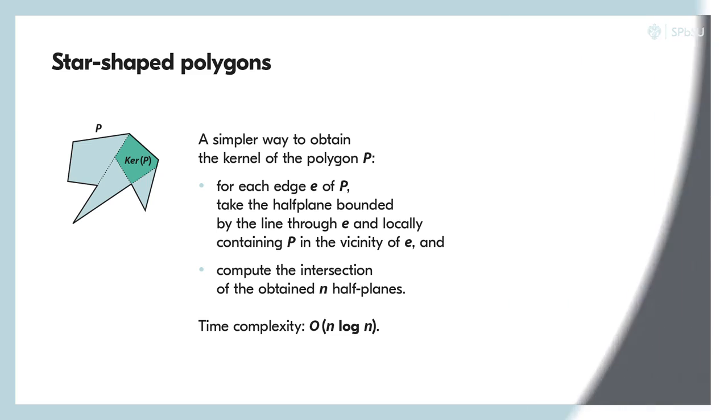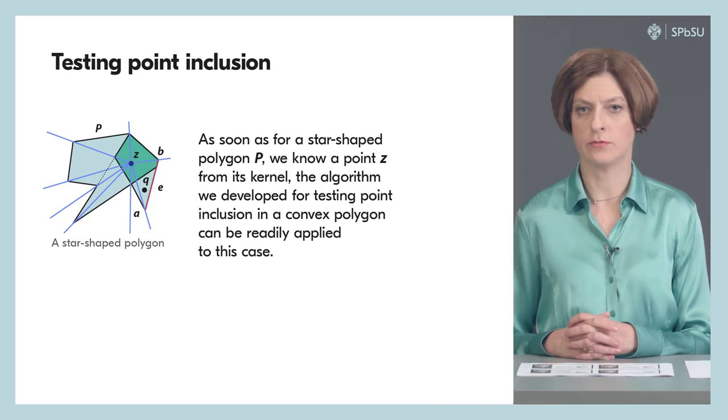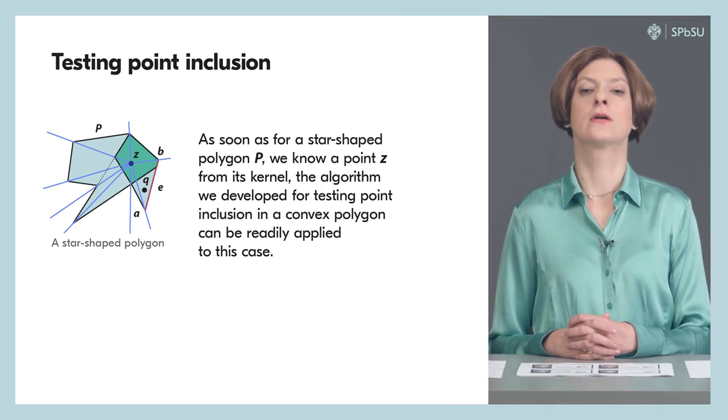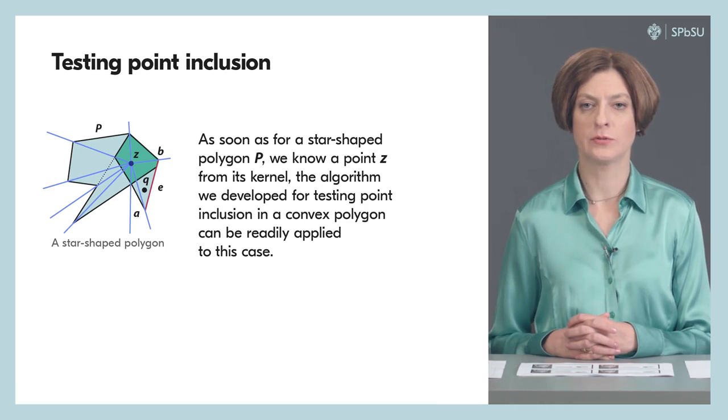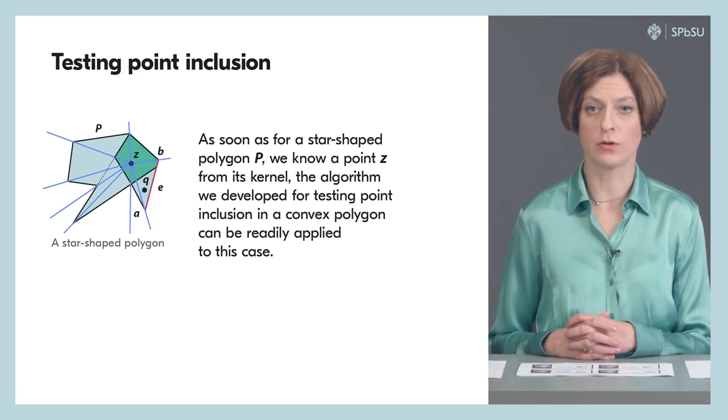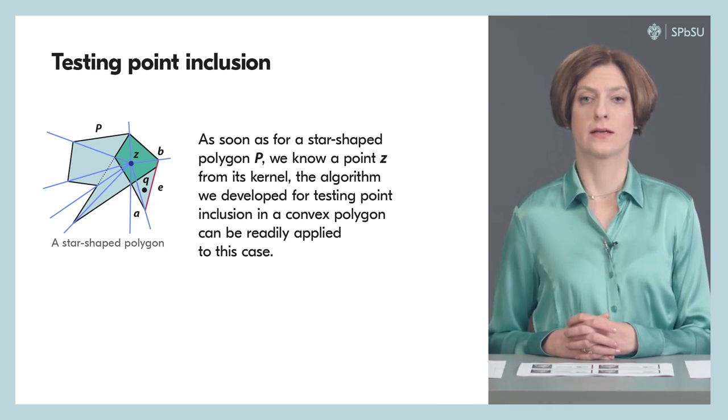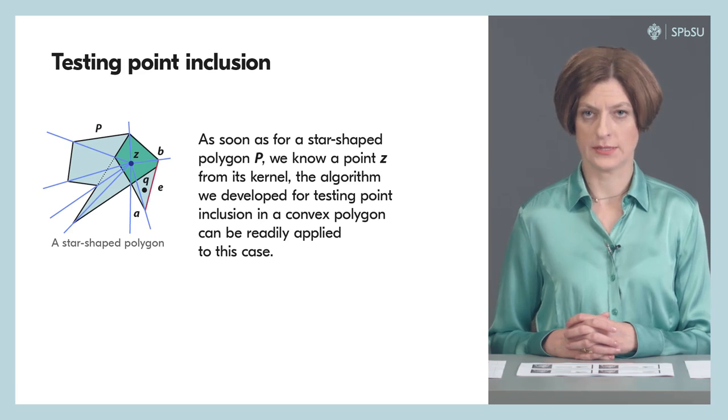This task can be accomplished in n log n time. As soon as for a star-shaped polygon P we know a point Z from its kernel, the algorithm we have developed for testing point inclusion in a convex polygon can be readily applied to this case.